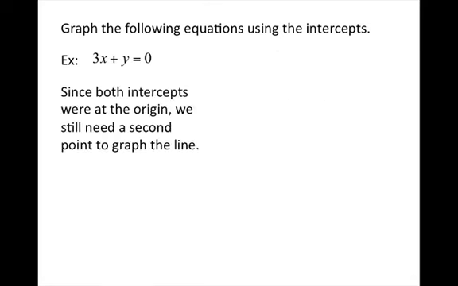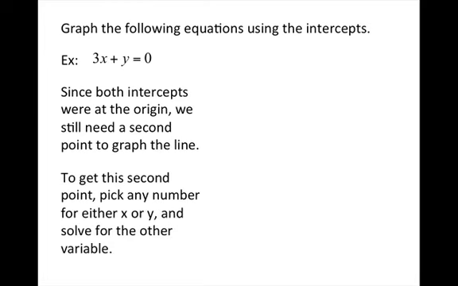Since my x- and y-intercept were the same point, I need a second point to graph the line, because that (0, 0) is only one point. So to find a second point, you let x or y be any number and solve for the other variable. So for my second point, I'm just going to let x be a 1.